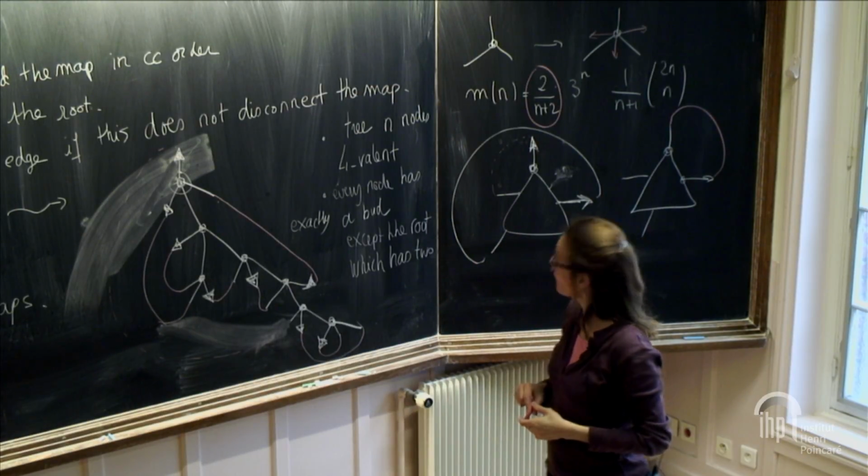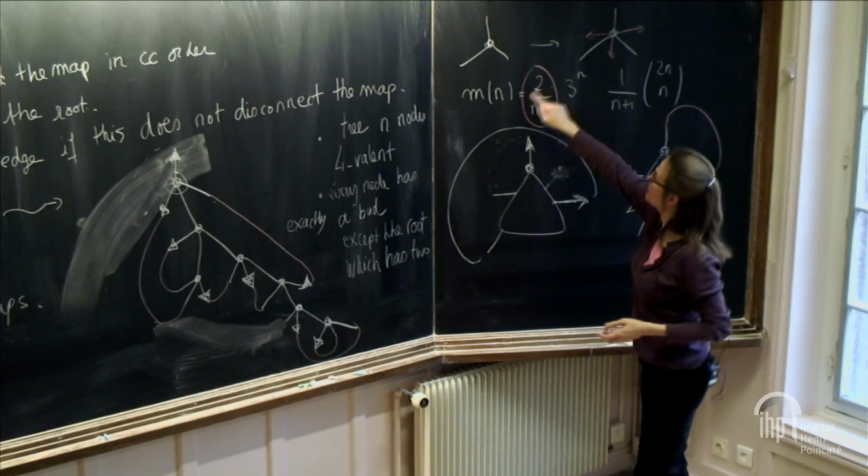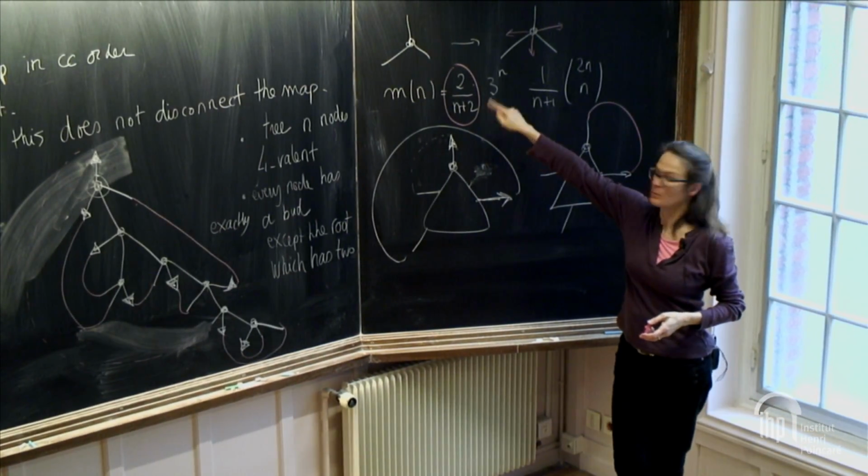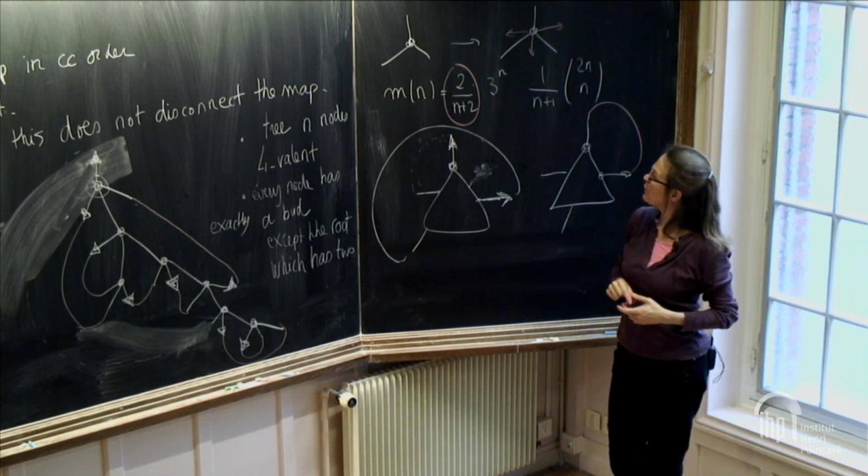Okay, so now we need to understand why the number of balanced trees is just multiplied by 2 over n plus 2.